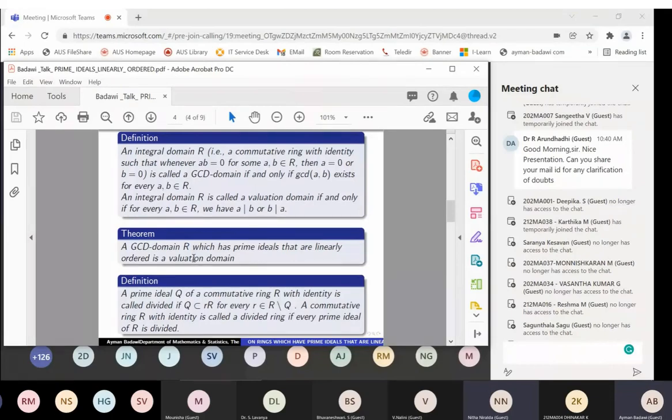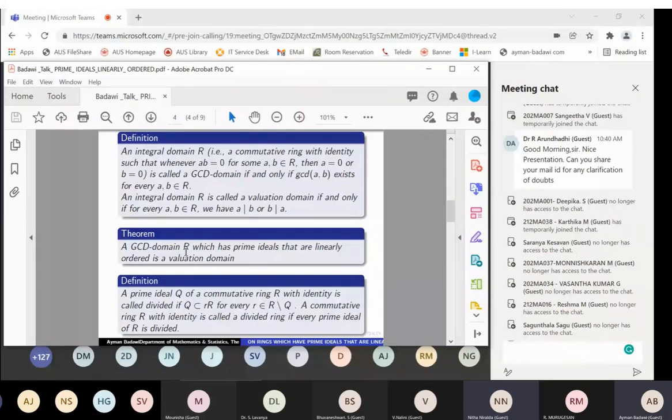There are some fancy domains we can construct where the prime ideals are linearly ordered and your domain is not a valuation domain. So this is not true in general.